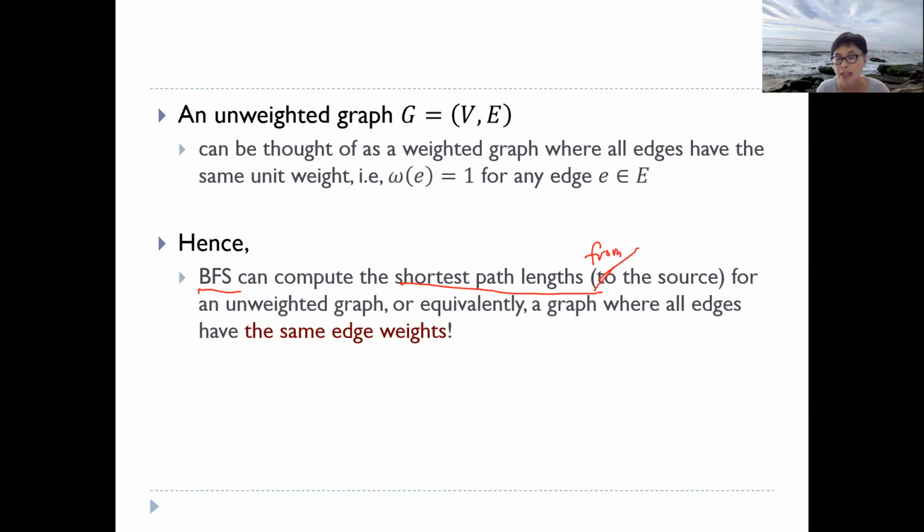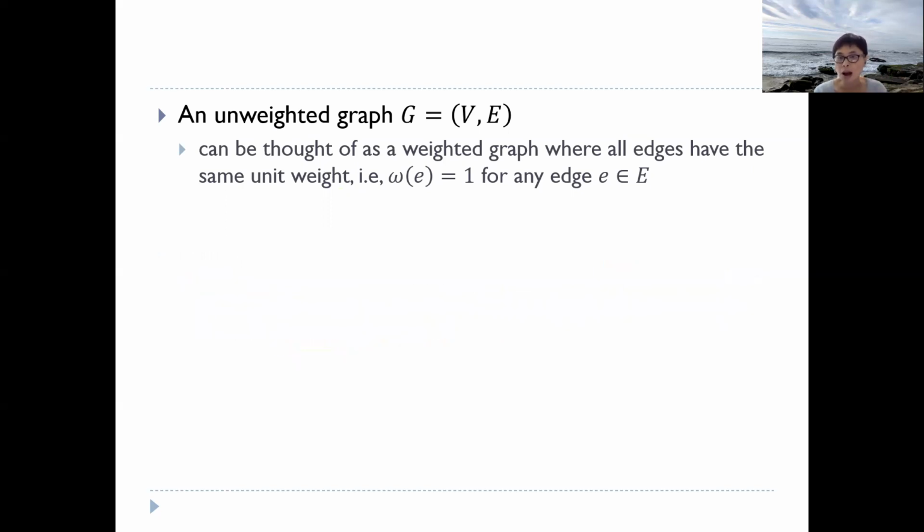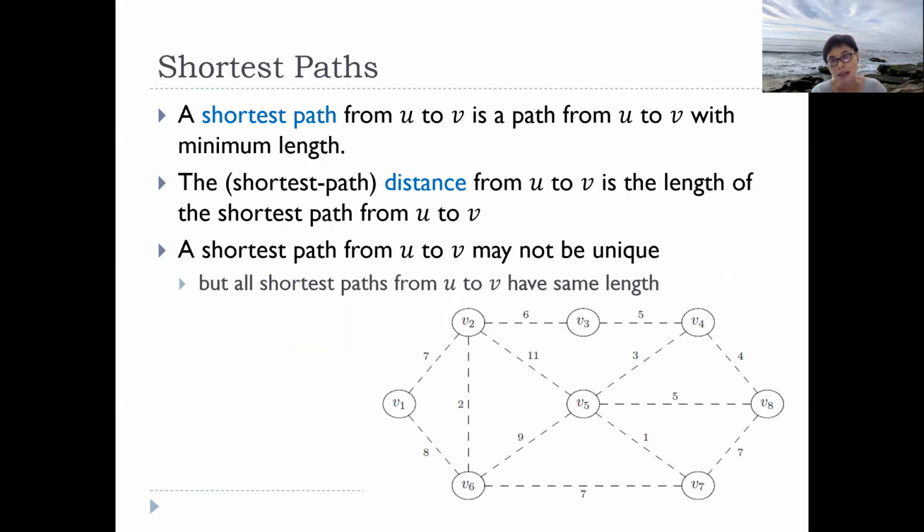As a result, the breadth first search algorithm can be used to compute the shortest path for graphs where all the edges have equal weights. But of course, this doesn't apply to a general weighted graph. Like in this example, these edges do not have equal weights.